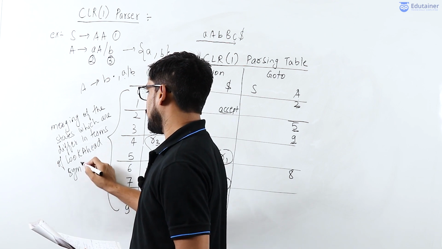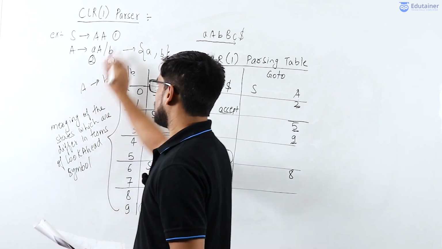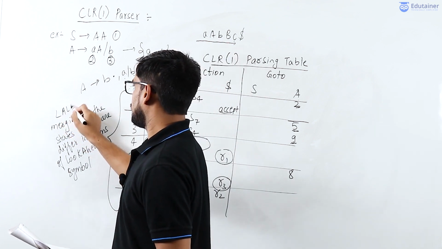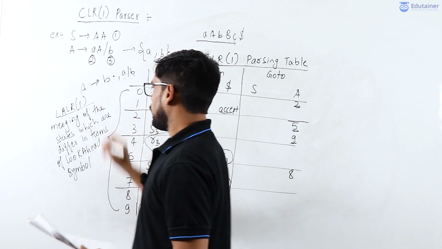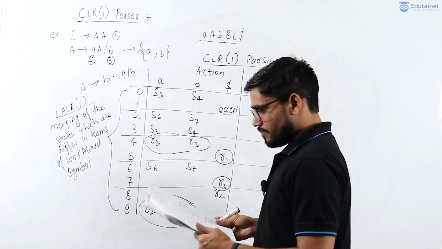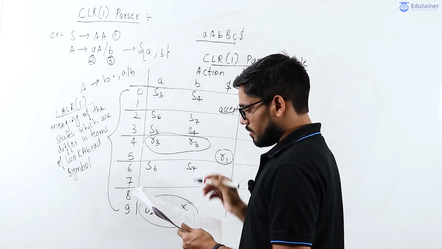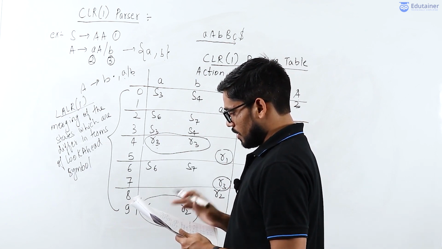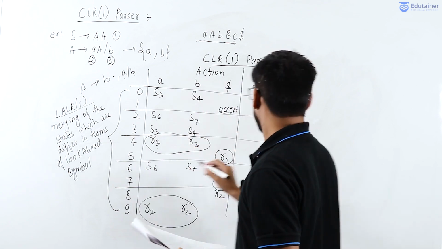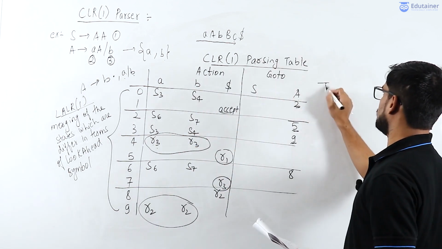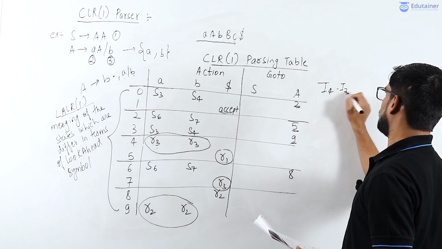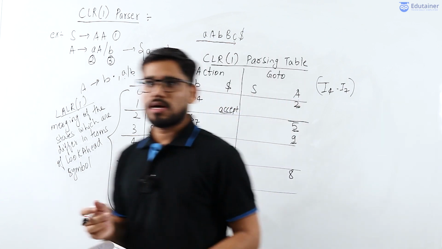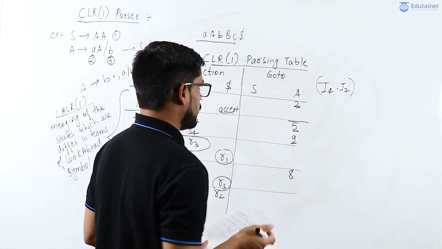I am talking about the LALR1 parsing table. So the CLR1 parsing table is over. Okay, so state number I4 and state number I7: if you consider them, they are the same in terms of canonical collection of LR0 items, but different in terms of lookahead symbol.